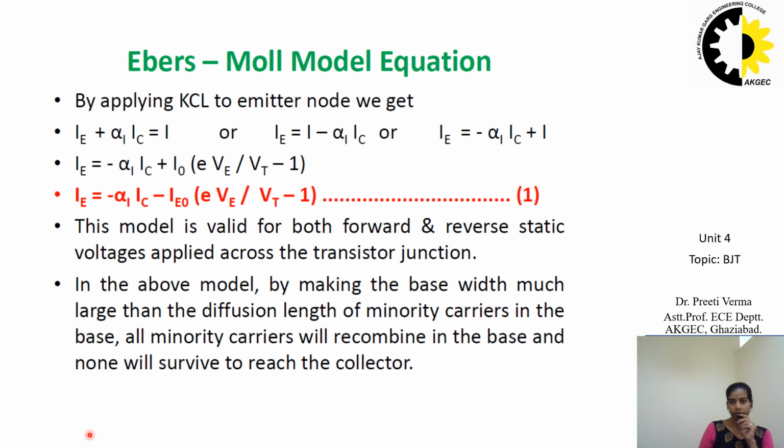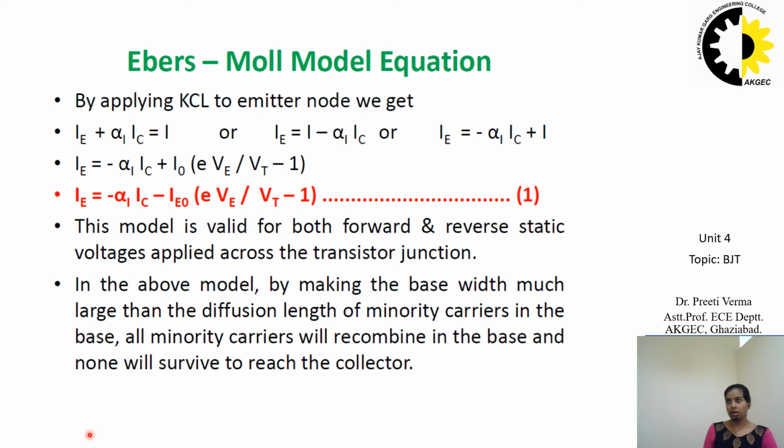We have seen that we also have different models: the H parameters model, the large signal model and the small signal model. So till now we have studied the basics of the bipolar junction transistor, its terminals, how we can bias a bipolar junction transistor, and its different configurations: common emitter, common base and common collector.